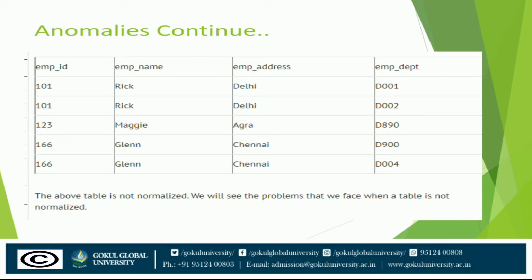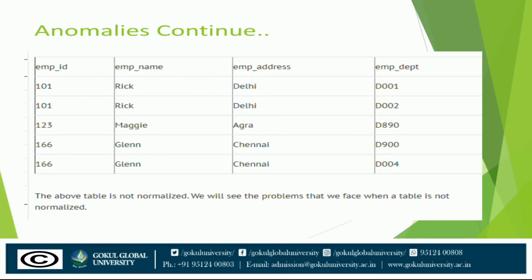Now update anomalies. In our table, we have two rows for employee Rick, as he belongs to two departments of the company. If we want to update the address of Rick, then we have to update it in both rows of the table.